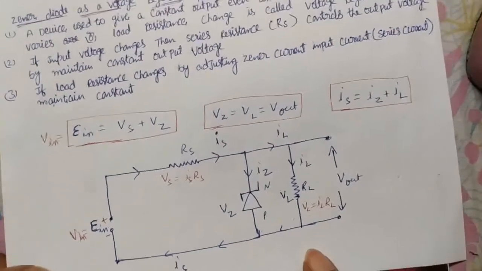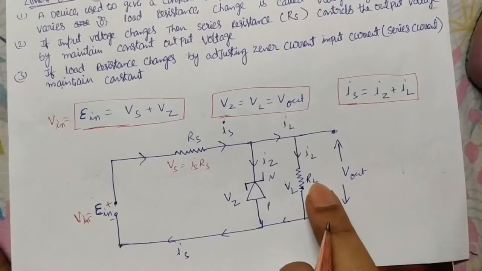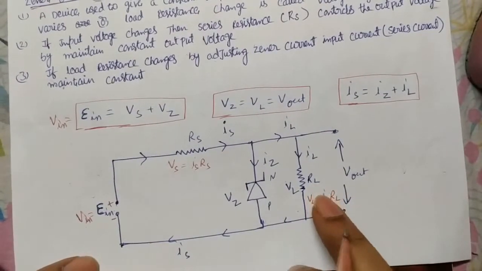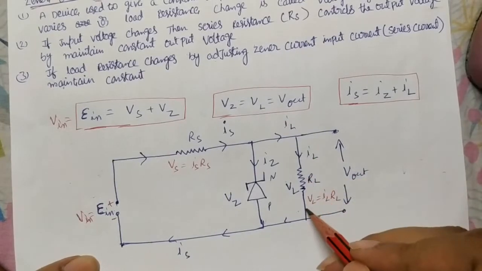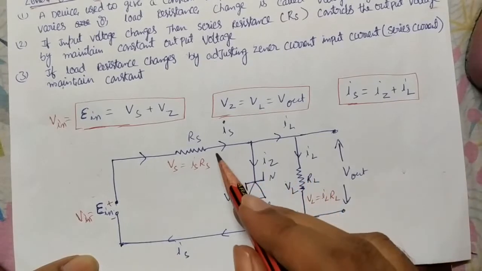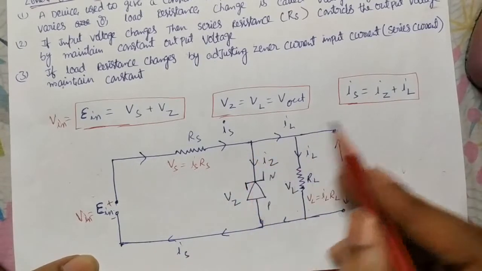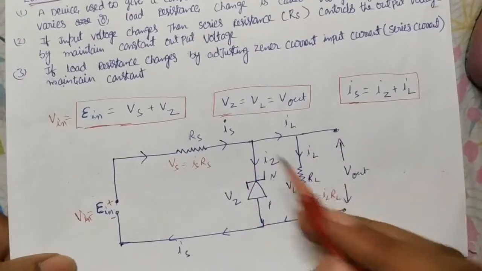Now what happens if the output changes? Suppose the load resistance decreases. If the load resistance decreases, the load current increases. Load current increases means, in normal conditions, what should happen? IS also increases. Why? Because IS is equal to IZ plus IL. IL increases, so IS must increase.